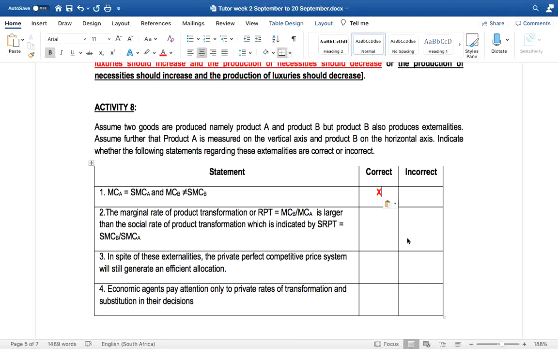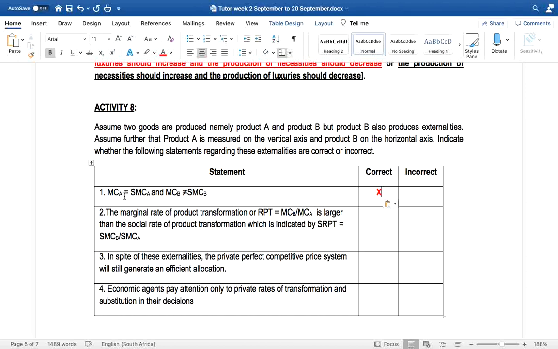The marginal rate of product transformation, or RPT, is equal to marginal cost of B over marginal cost of A, and it is larger than the social rate of product transformation, SRPT, which is equal to social marginal cost B over social marginal cost A. Let's see.